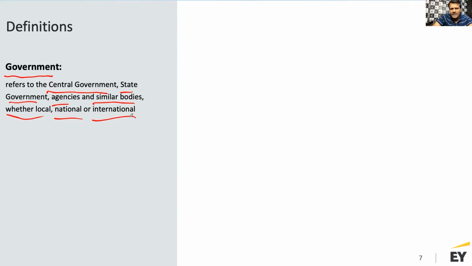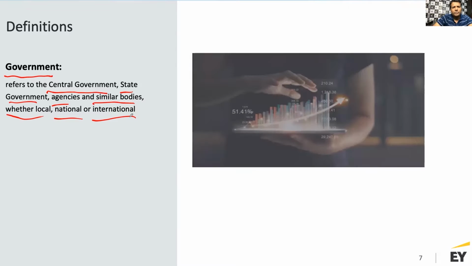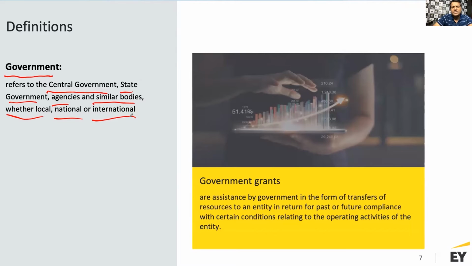So there are several instances, and I just talked about the production linked incentive scheme, the PLI scheme, which has been talked about at length. So there are different types of incentives which the government authorities keep on running. So when you again think of government grants, they are assistance by government in the form of transfer of resources to an entity in return for past or future compliance with certain conditions relating to the operating activities of the entity, right?